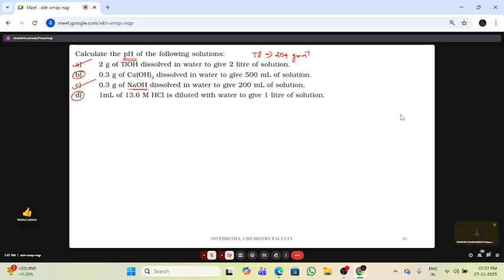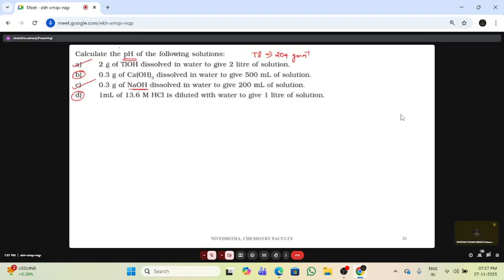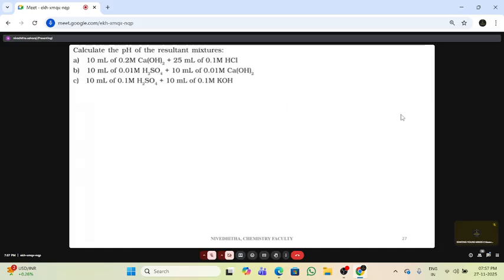Okay, so the next pattern is to calculate the pH of the resultant mixture. Till now we have been discussing only acid or only basic solutions, right? But here they are talking about a mixture in which they have mixed acid and base, and they are asking us to calculate the pH of the mixture.